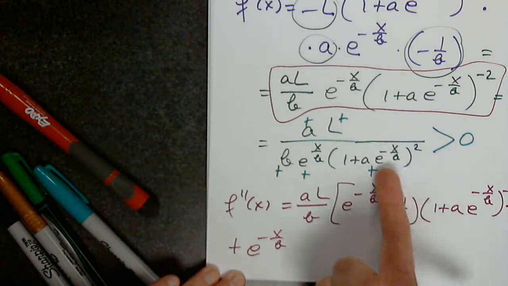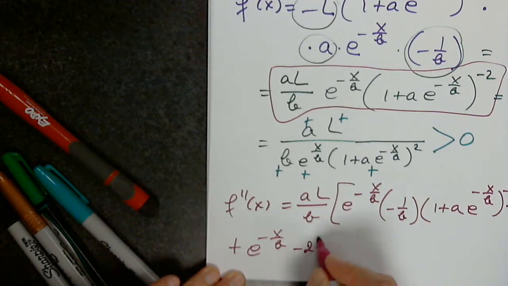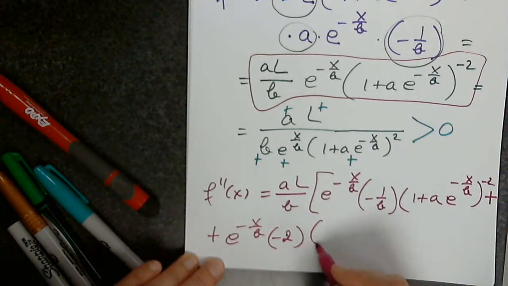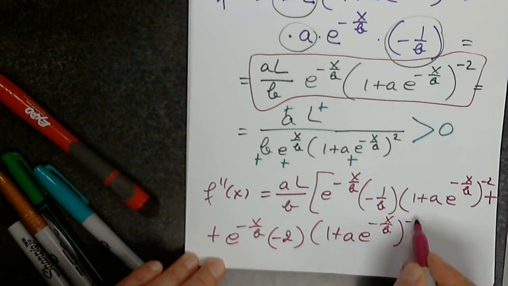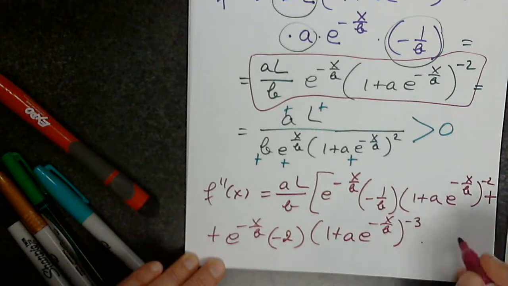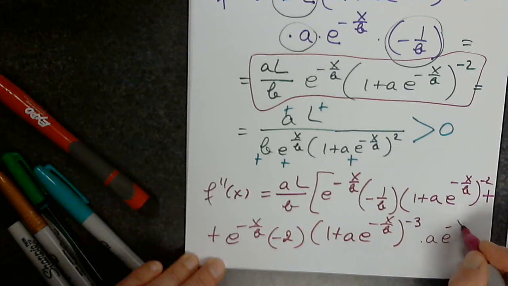So I differentiate this again, negative 2, 1 plus a e to negative x over b to negative 3 times the inner function prime a e to negative x over b times negative 1 over b.